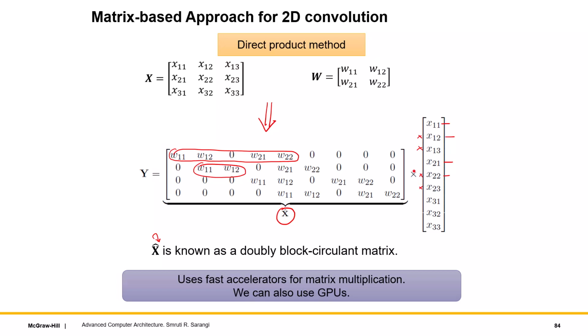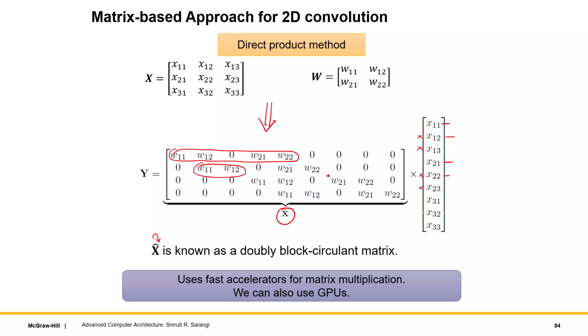If you just work it out, you will see it is exactly the same as a 2D convolution. This matrix has been created in a special way such that the result of the matrix multiplication is basically the final output of the convolution.